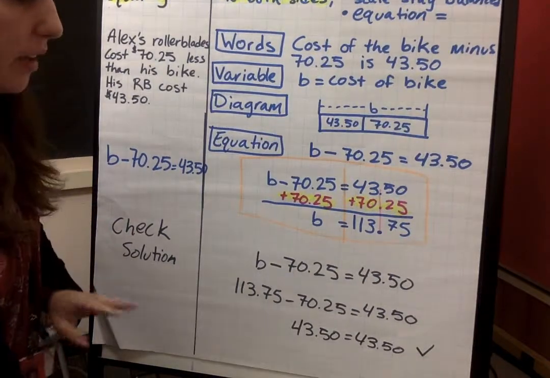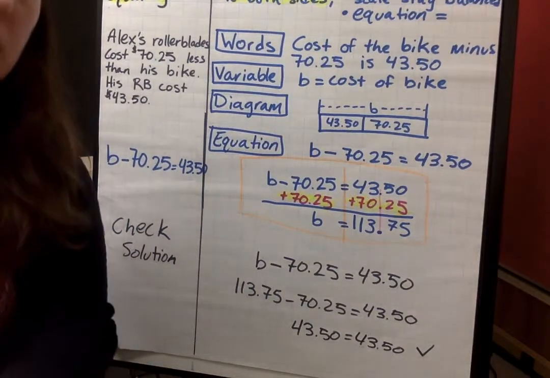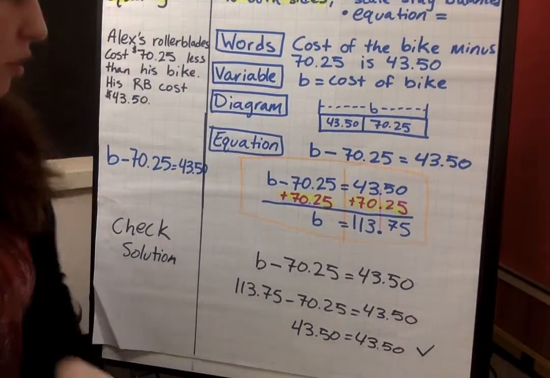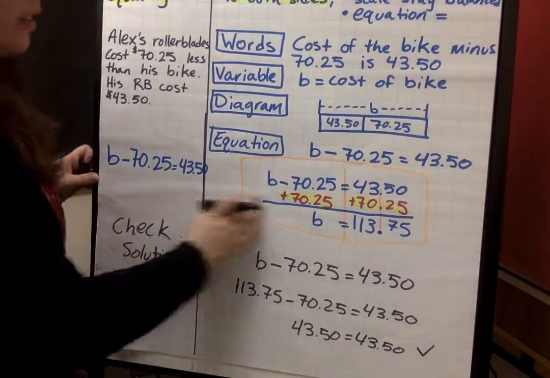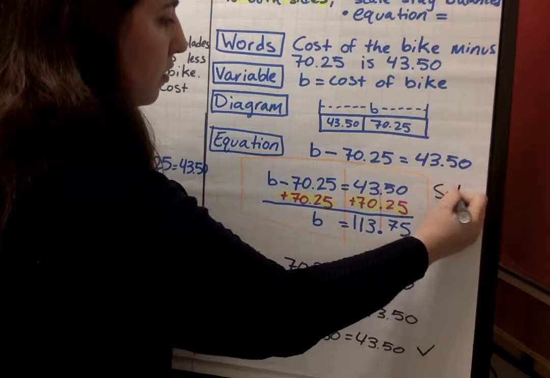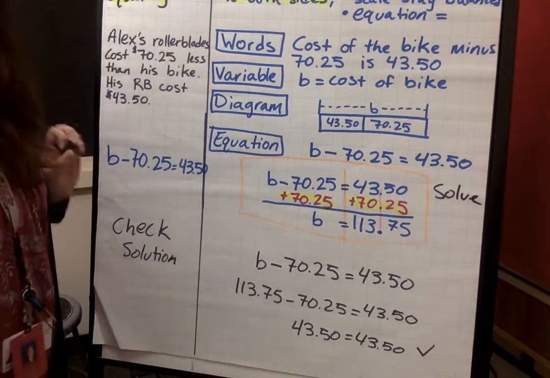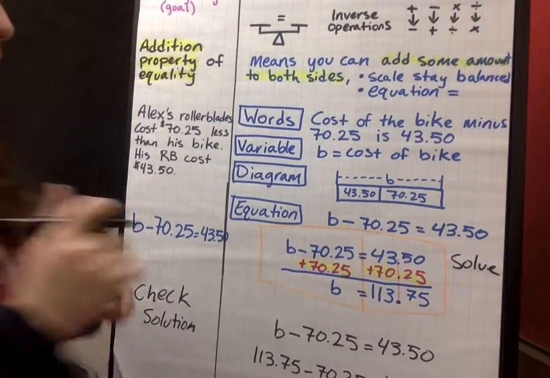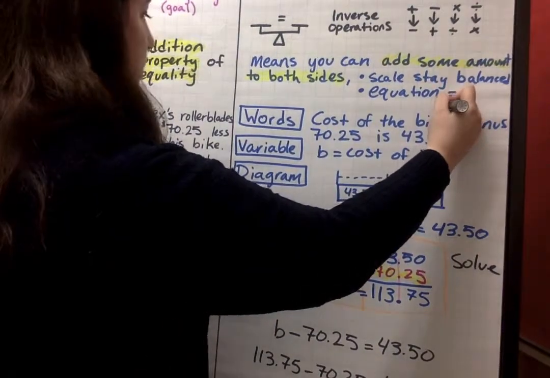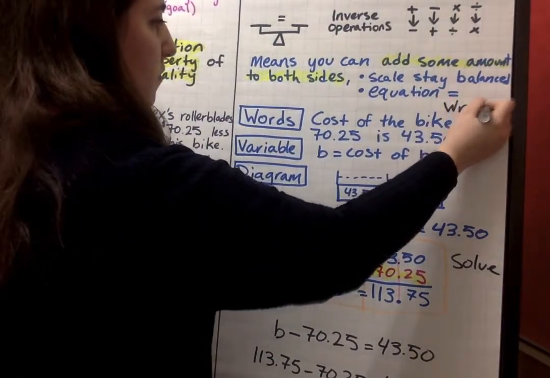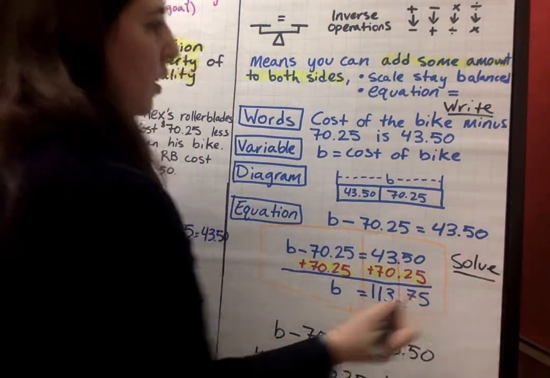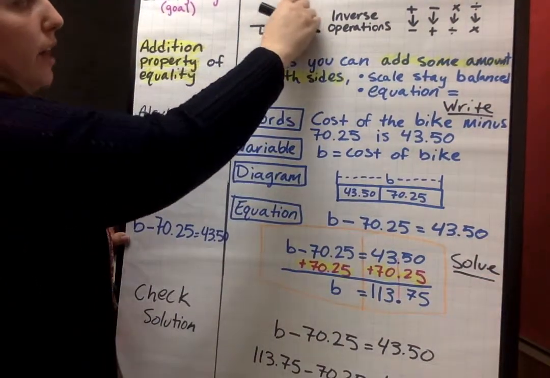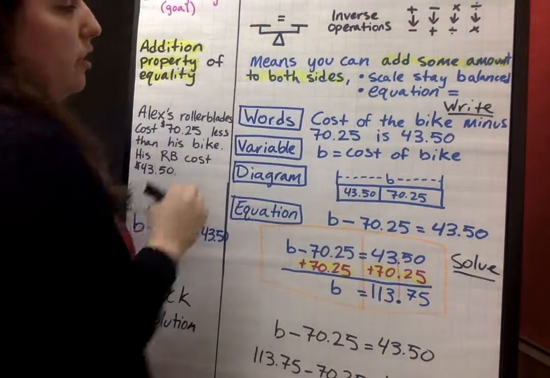So now that we've finished with the lesson, we've checked our solution. Okay, this is the solve part. And up here, this is the write part. And if we look back at our title, we're solving and writing subtraction equations.